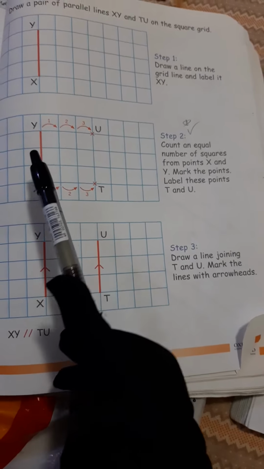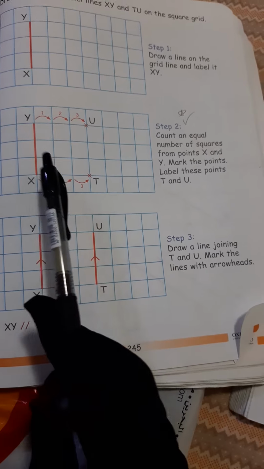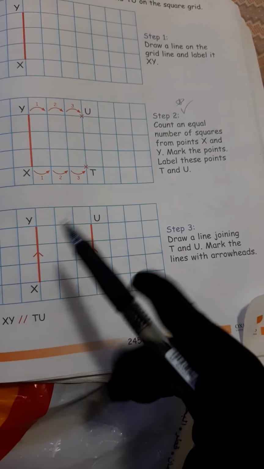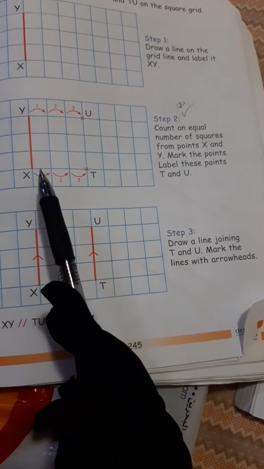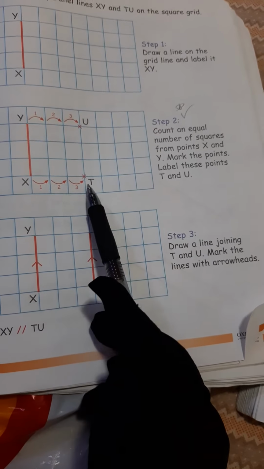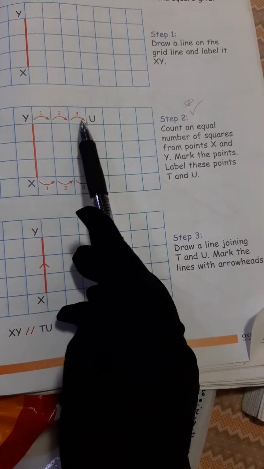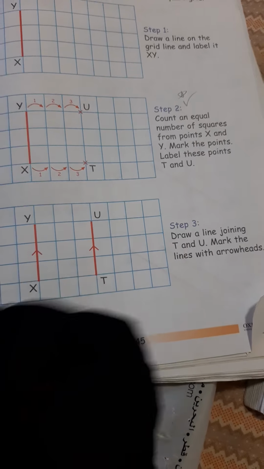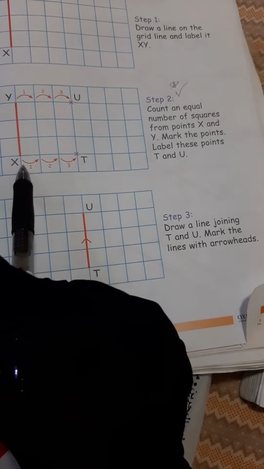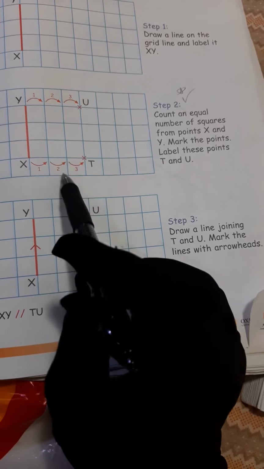If there is a straight standing line given, then you are going to count an equal number of square grid boxes. If you are taking 3 boxes from the second point, then you should take 3 boxes from the first point also. If you are taking 2 boxes, again 2 boxes from the first point also. So at an equal distance, you are going to draw the parallel line.